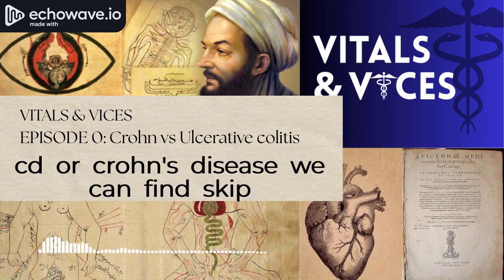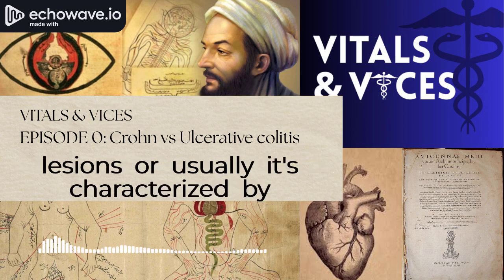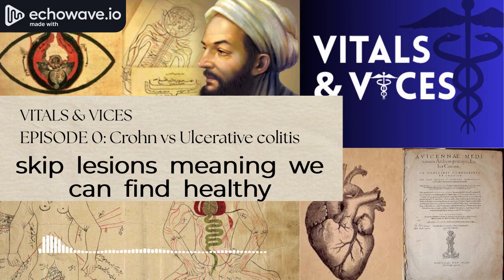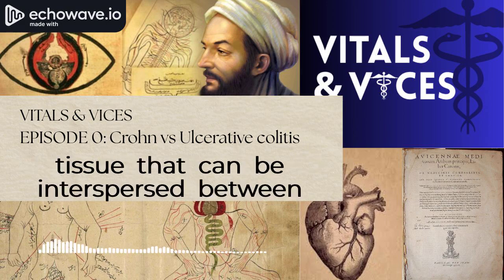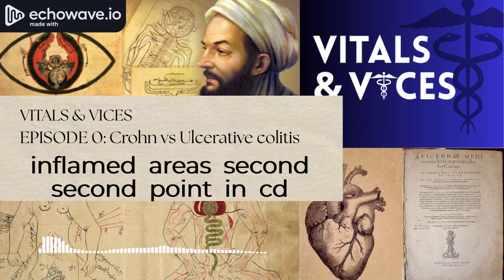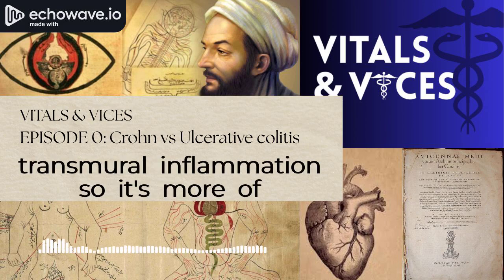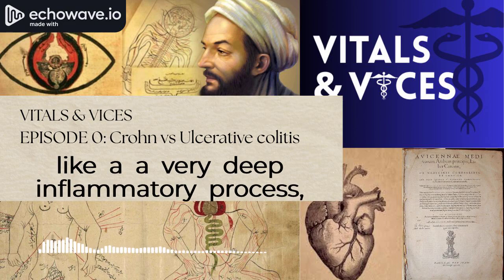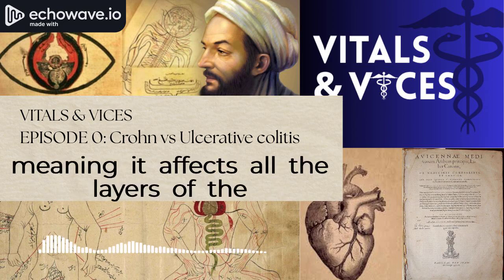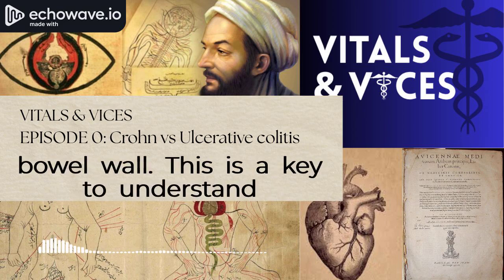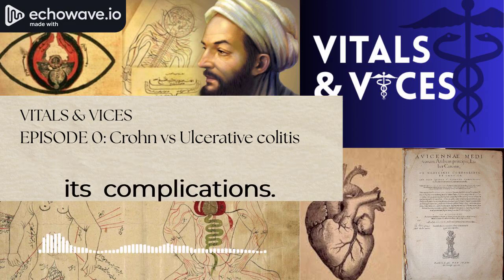In CD, or Crohn's disease, it's usually characterized by skip lesions, meaning we can find healthy tissue interspersed between inflamed areas. Second point in CD is the depth of the damage. CD is transmural inflammation, so it's a very deep inflammatory process, meaning it affects all the layers of the bowel wall. This is key to understanding its complications.